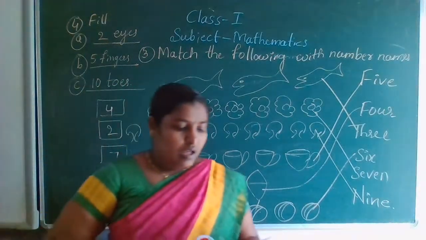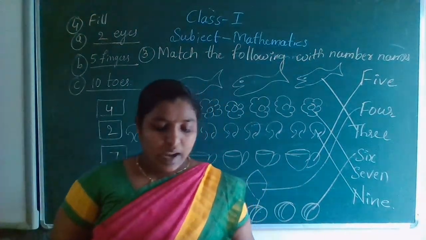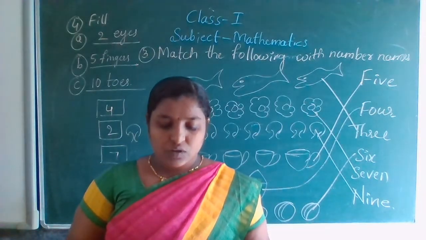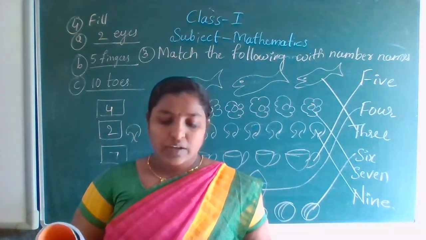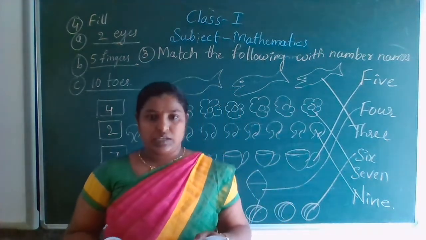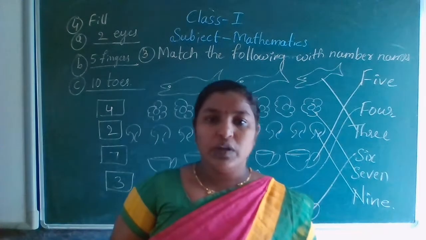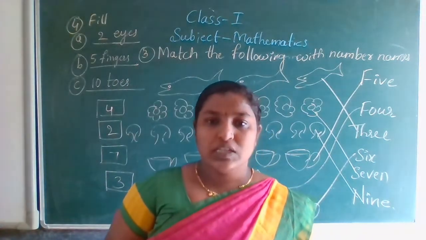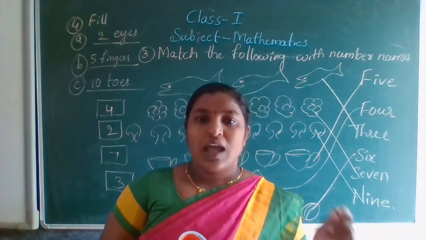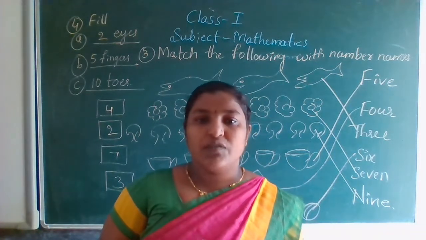Okay. Project work. Count and subtract. Your mother bought a packet of biscuits for you. Count and write down how many pieces are there in the packet. Take one packet, open it, and count how many pieces of biscuits are there.